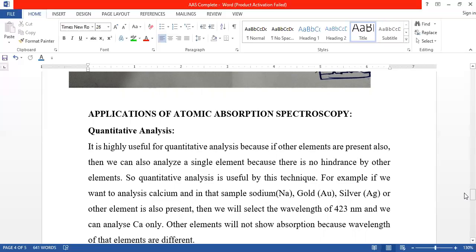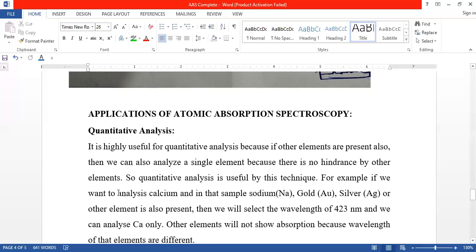By using atomic absorption spectroscopy, we do quantitative analysis. It is highly useful for quantitative analysis, because if other elements are also present, we can still analyze a single element, because there is no hindrance by other elements.